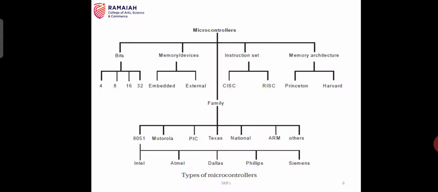They are providing various microcontrollers which have some unique codes. So basically 8051 is an Intel manufacturer based microcontroller.